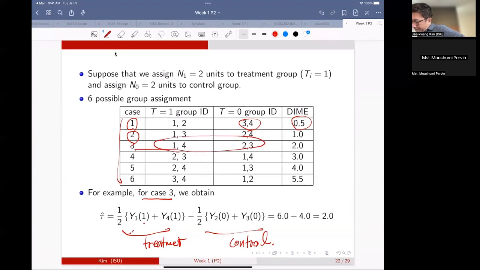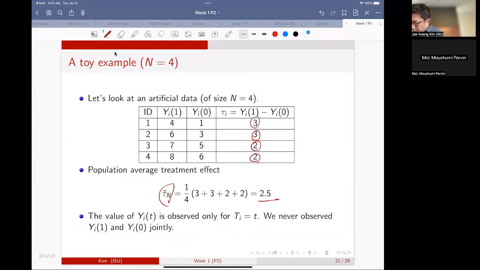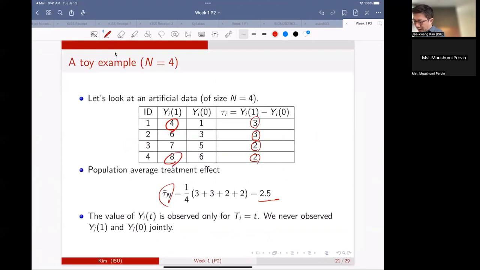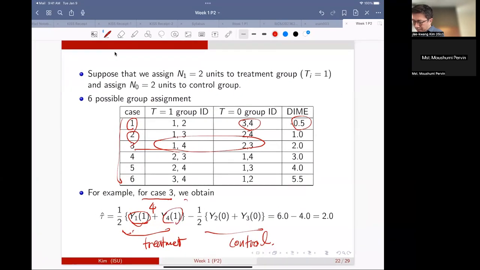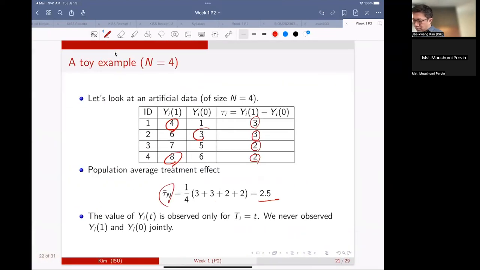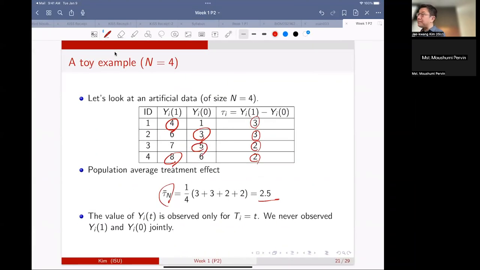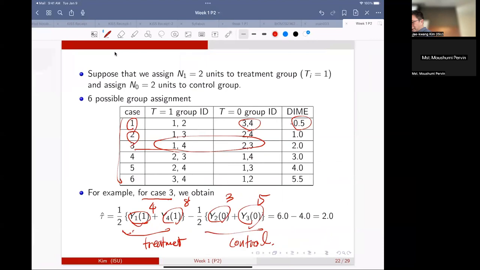Y1 at 1 is 4, Y4 at 1 is 8, Y2 at 0 is 3, Y3 at 0 is 5. So then 12 divided by 2 is 6, 8 divided by 2 is 4, and 6 minus 4 is 2. Okay.